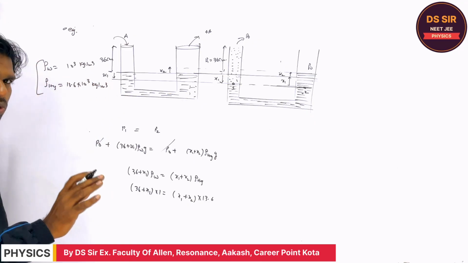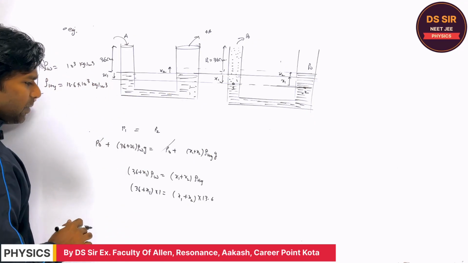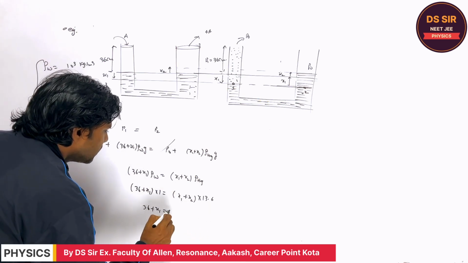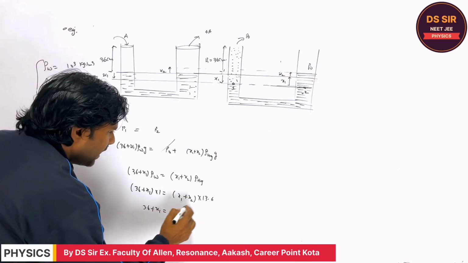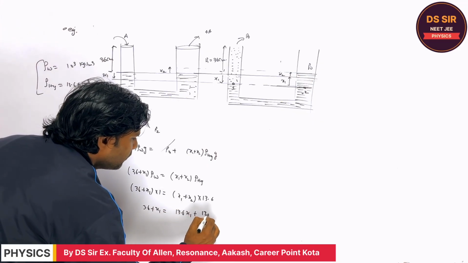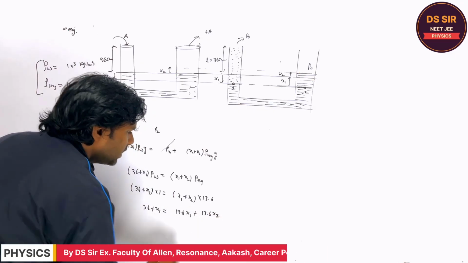If it is given in the question, it is fine; otherwise, you have to remember this. Now you may simplify 36 plus x1, and this is 36 plus x1 equal to 13.6 x2. Is it clear or not?